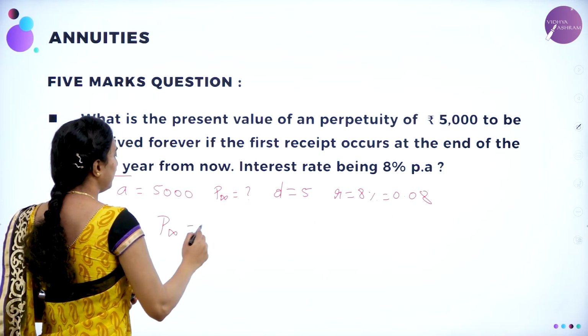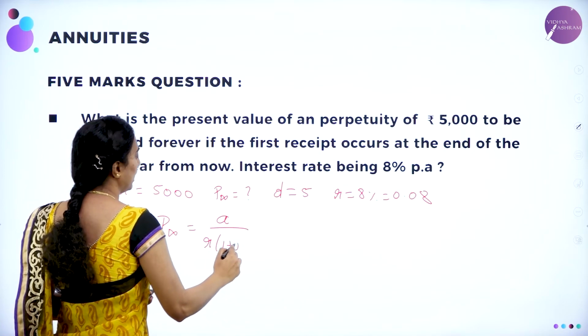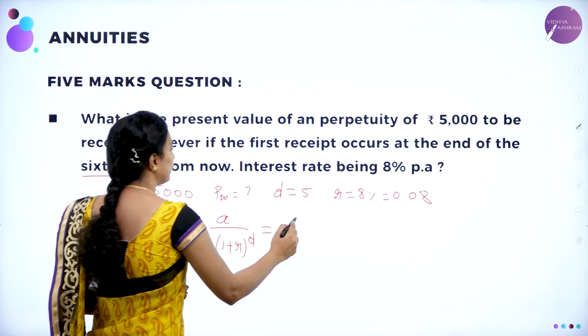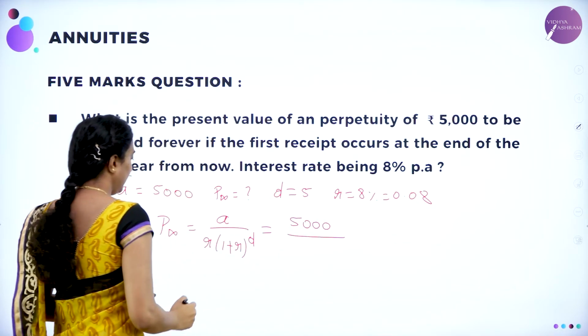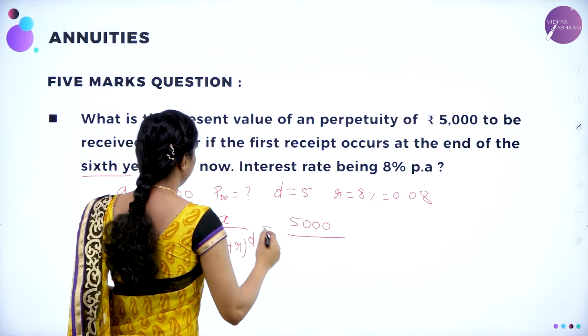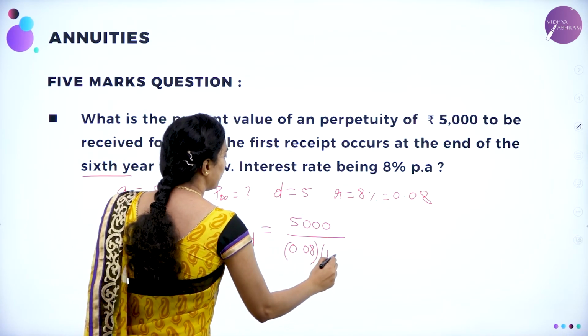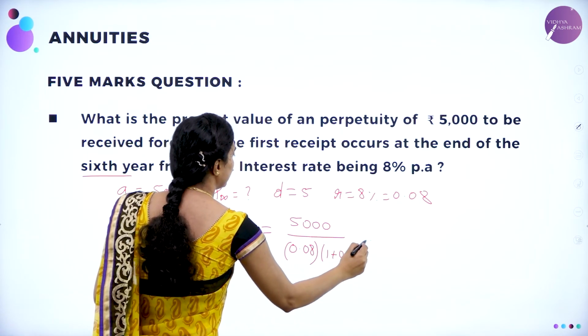P infinity is equal to A divided by r into 1 plus r to the power of d, which implies 5,000 divided by r, which is 0.08, into 1 plus 0.08 to the power of d, that is 5.